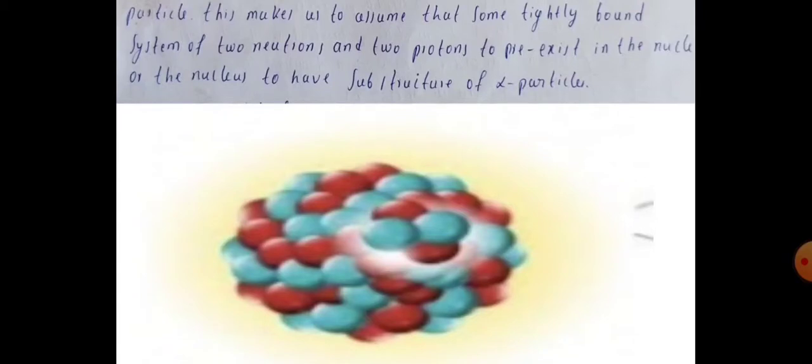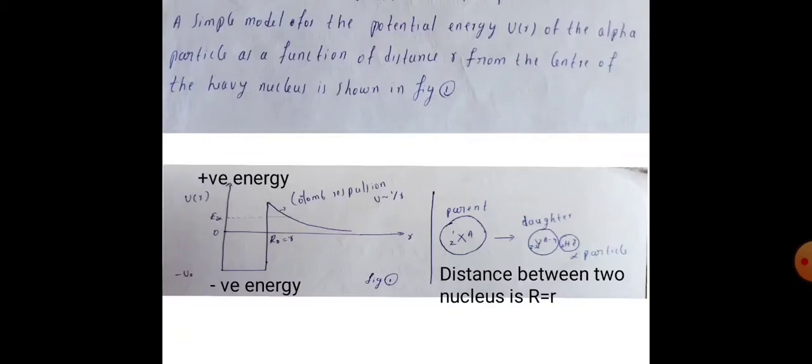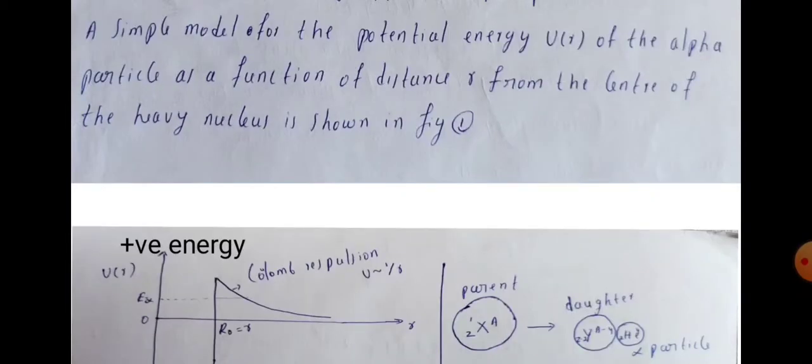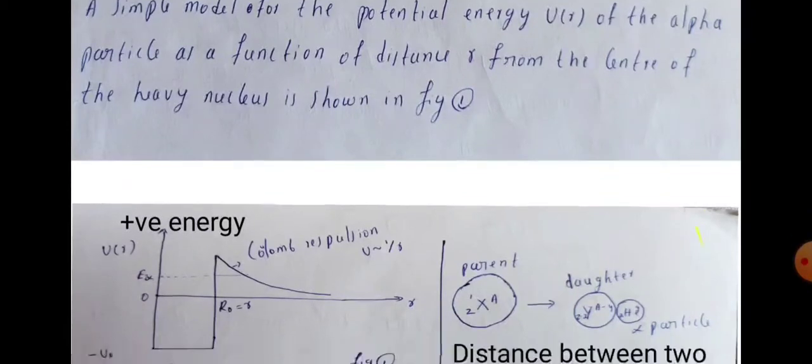Now let us see the next point. The next point is that a simple model for the potential energy of the alpha particle as a function of distance r from the center of the heavy nucleus is as shown in figure 1.